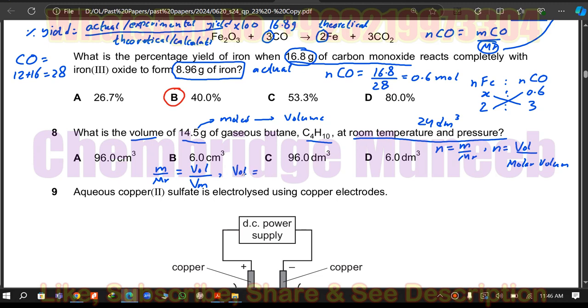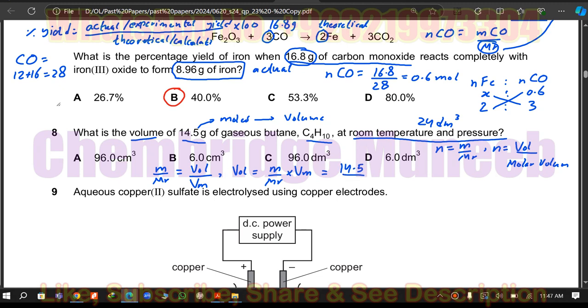So to find the volume, we will rearrange this equation. Volume is equivalent to mass over Mr times molar volume. Now to put the values here, mass of the gas is already mentioned, it is 14.5 gram.